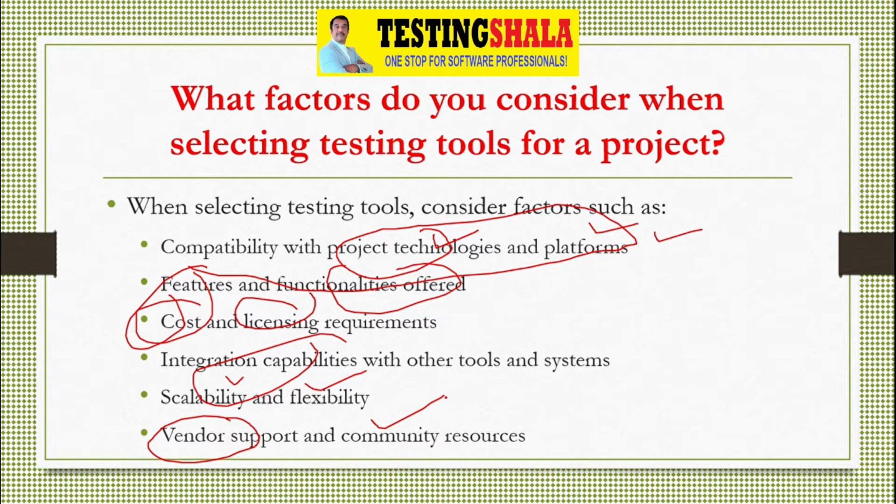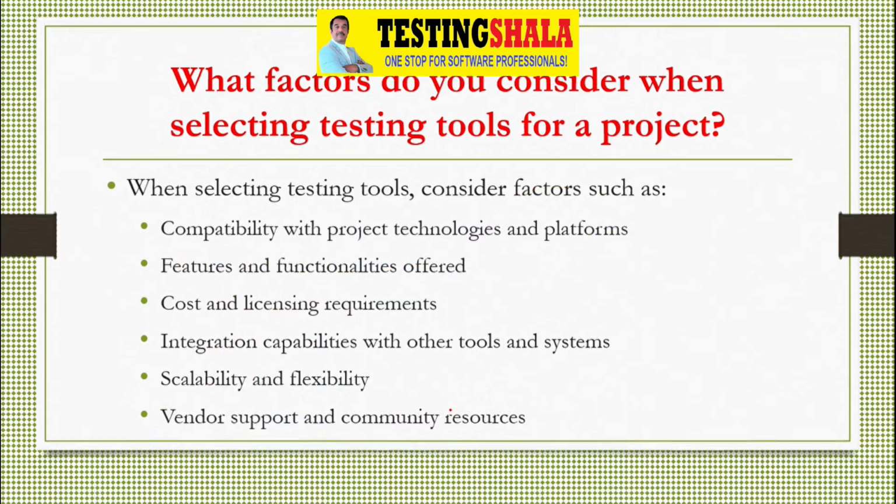Hence, whenever we choose a testing tool, a main criterion is the vendor, what kind of support they provide, and how quickly they support all our issues, as well as the community available for that tool.